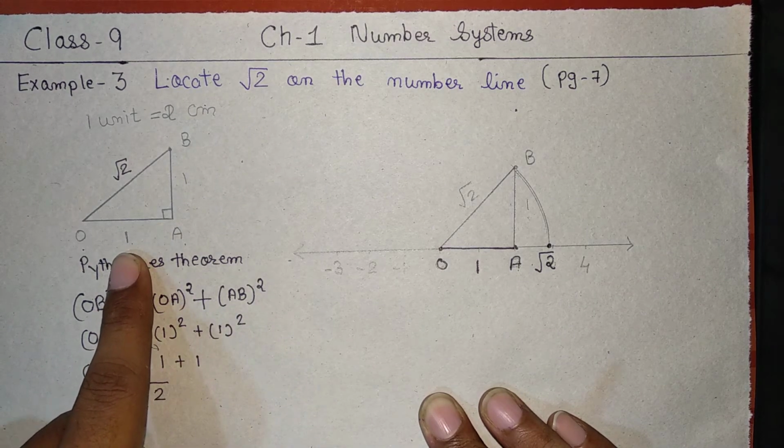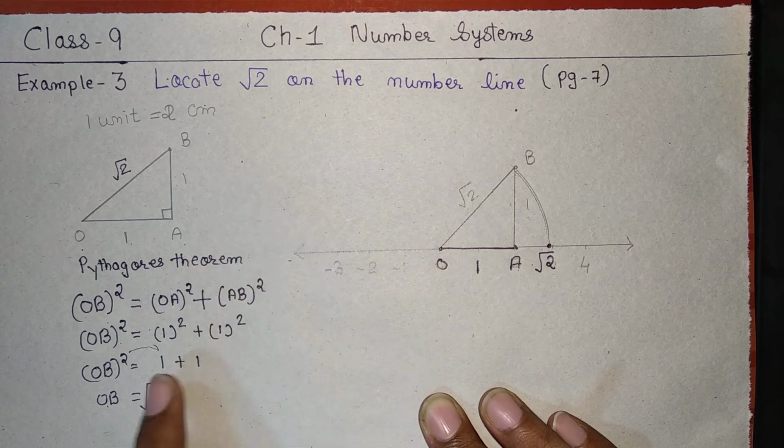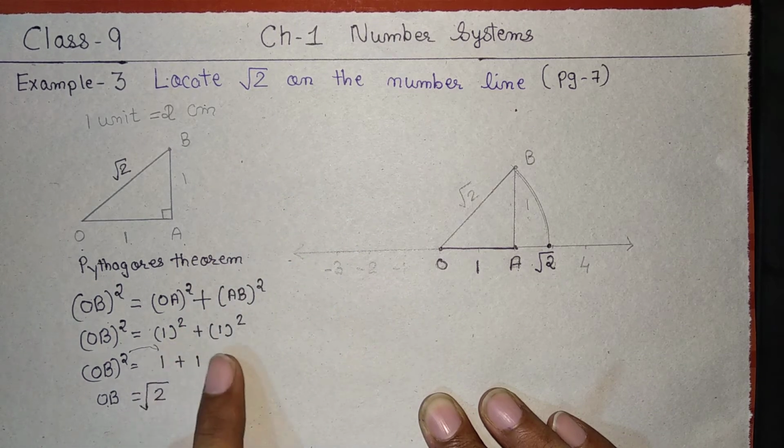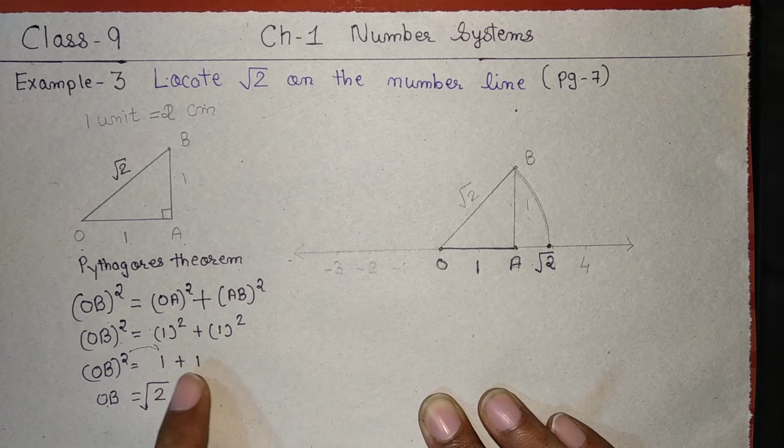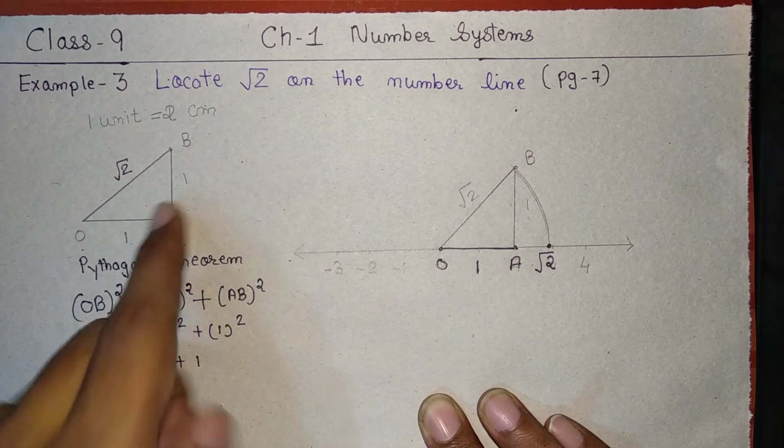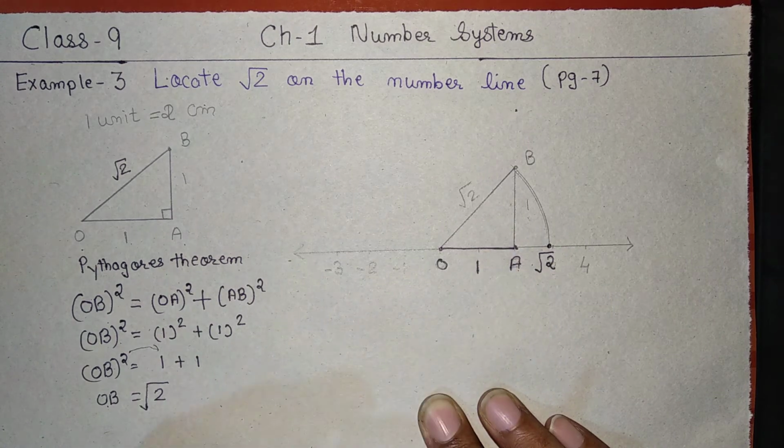Now OA was 1 and AB was also 1. So 1 square is 1 and 1 square is 1, and 1 plus 1 is 2. Now OB square is 2. If we want to remove this square, it will go to the right hand side as a square root. So 1 plus 1 gives 2, and OB is root 2, and we replicate the same here.